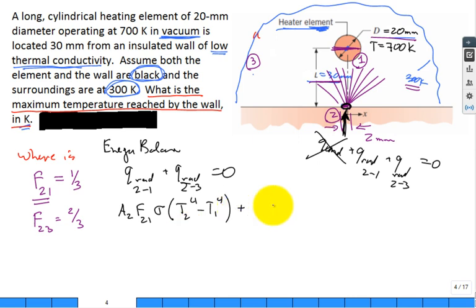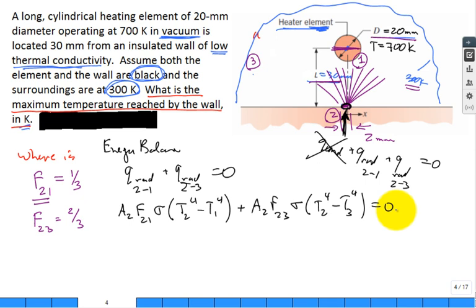And then what about the radiative transfer from 2 to the surrounding 3? A2 F2-3 sigma (T2^4 minus T3^4) equal to 0. The way I've drawn it is everything's from 2 somewhere. 2 to 1 and 2 to 3.